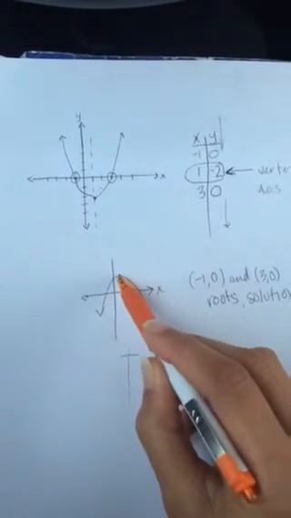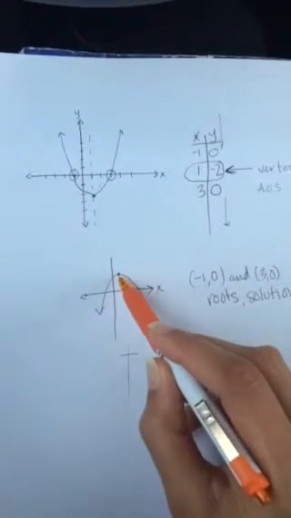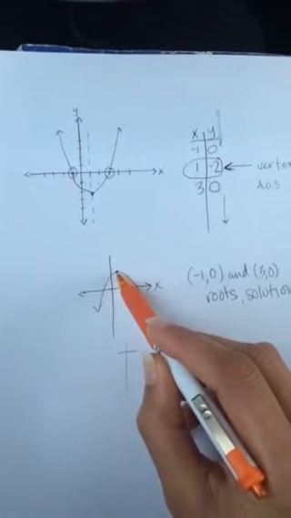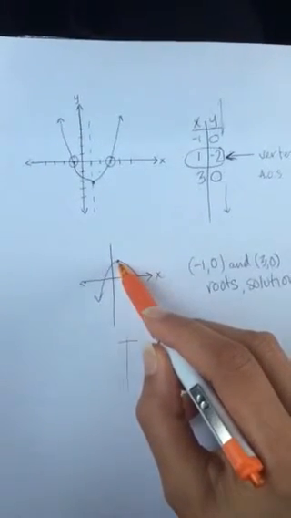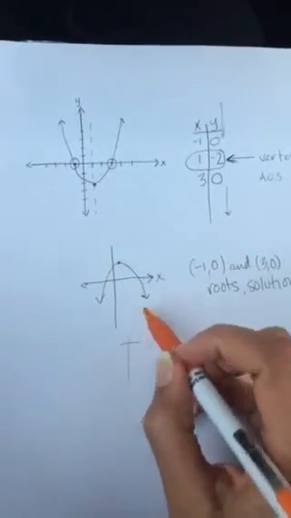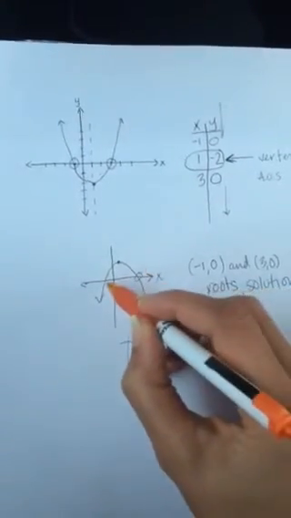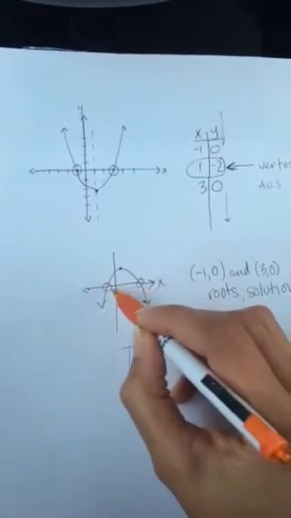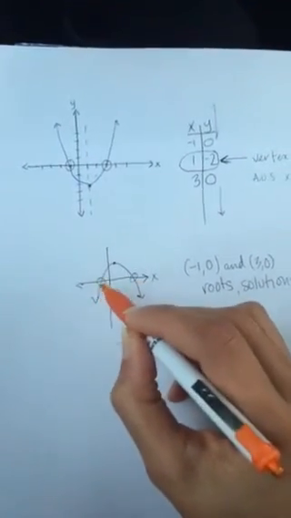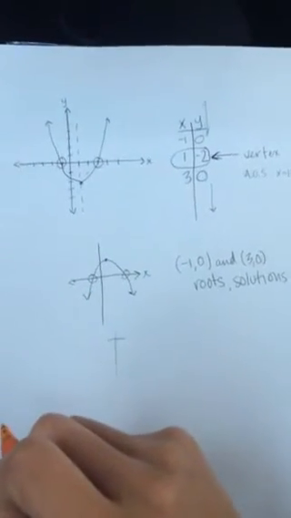That will give you your maximum point, which will also be your vertex. From there, take whatever the x value is in that vertex, and that will be your axis of symmetry. These points here are where the graph will cross the x-axis, and those are called your roots or solutions.